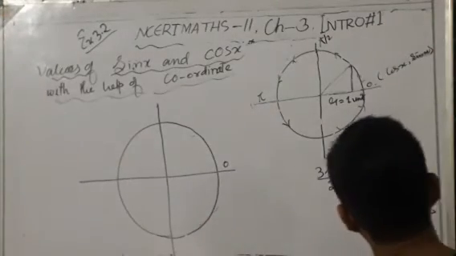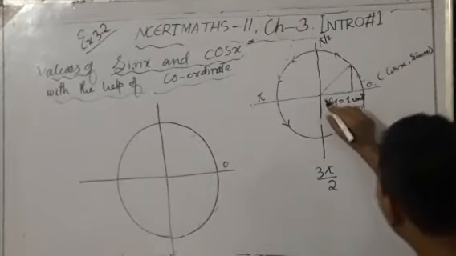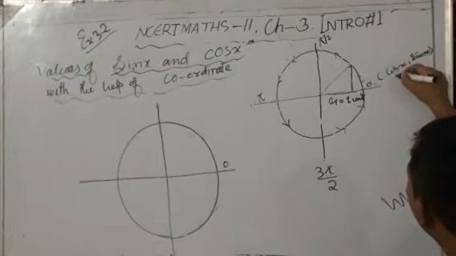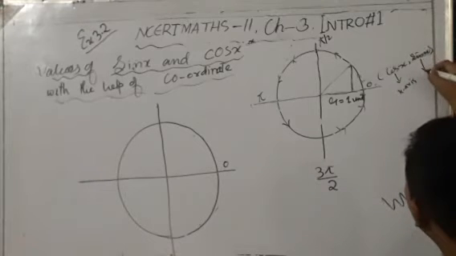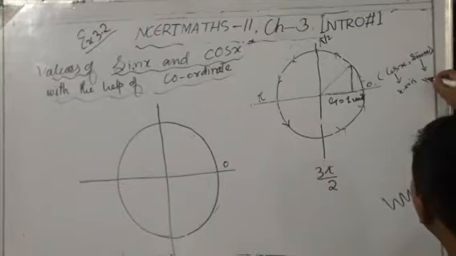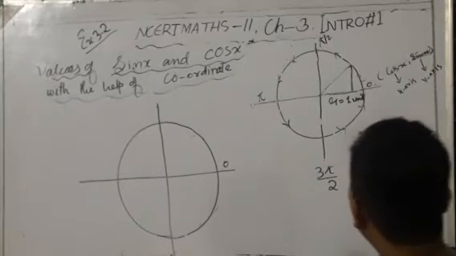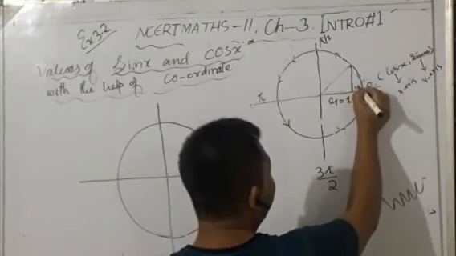So at this point, what will be the coordinate? This is along the x-axis, and this is along the y-axis. So what will be the pair of coordinates here? 1 and 0. Correct?